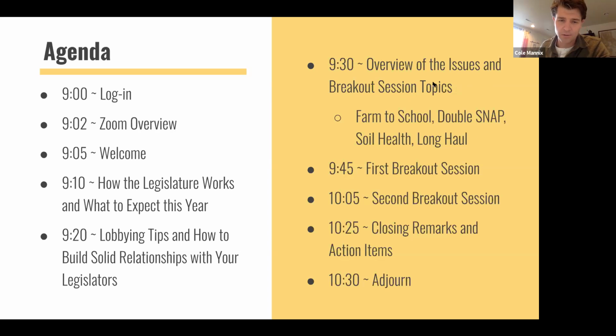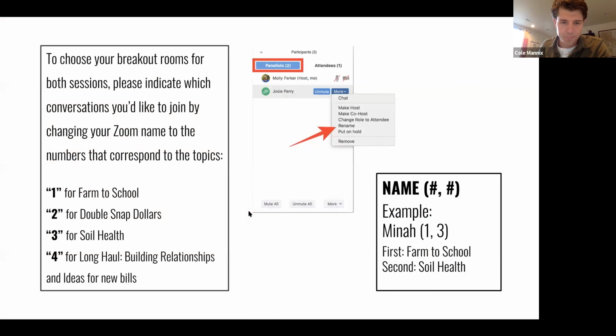And so I would ask you, we have about 30 participants. And if you click in, as Minna kind of overviewed, if you click on the participants tab at the bottom of your screen, you can find yourself, and you can click the little more icon and rename yourself.